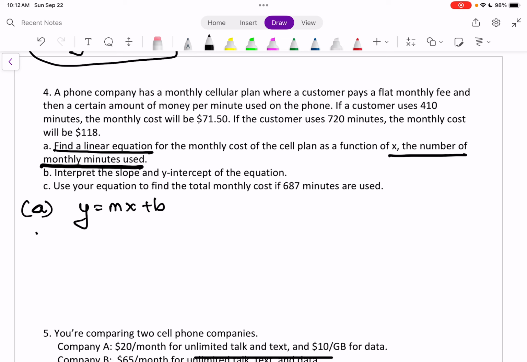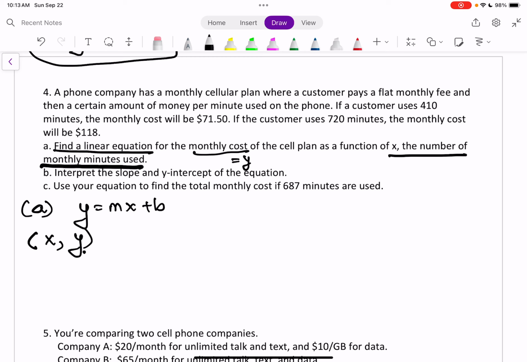So we are coming up with points. If you want to leave it as X and Y, you can rename maybe then Y as the monthly cost. So the cost, you can call it Y, or you can call it C if you want, but that's your dependent variable.